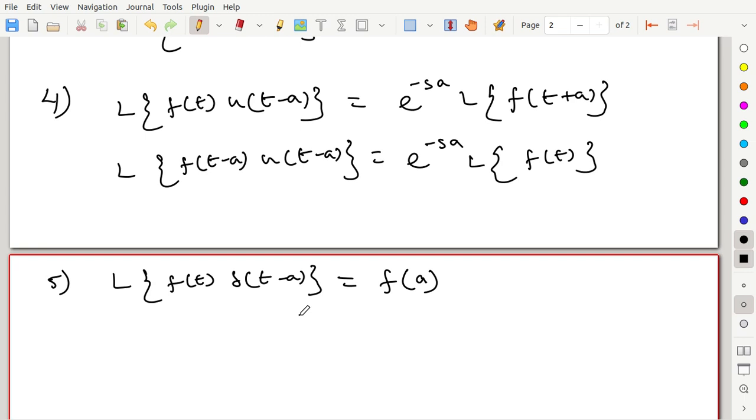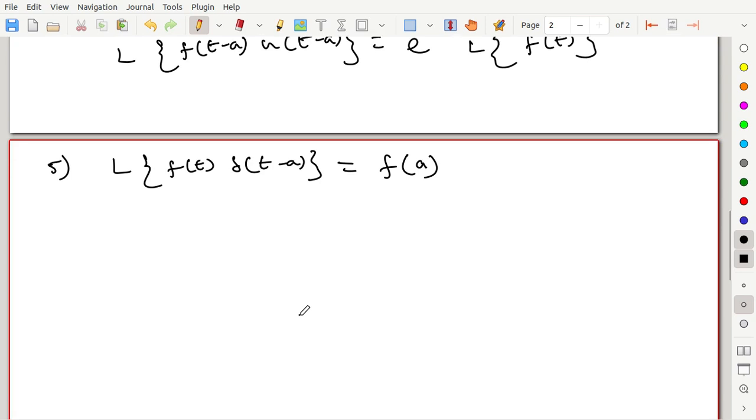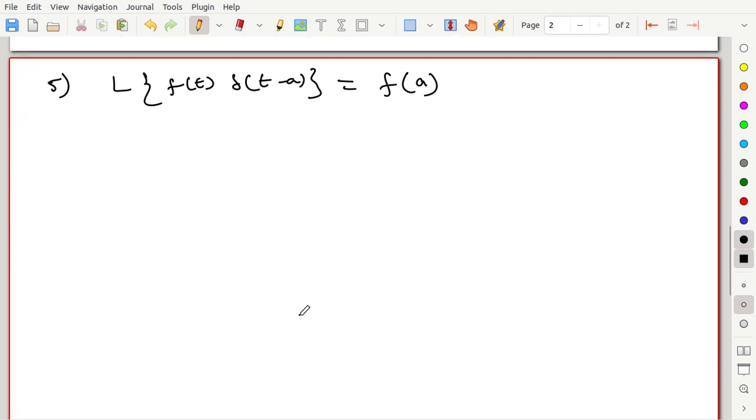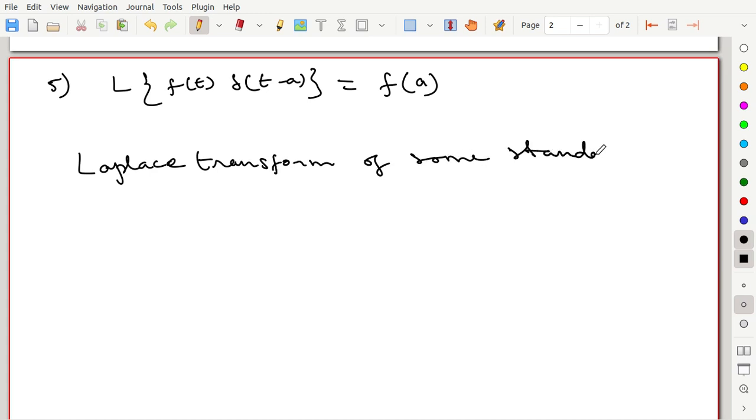So these are the standard Laplace transforms of some standard functions. The next thing we are going to see is the Laplace transform of some standard functions.